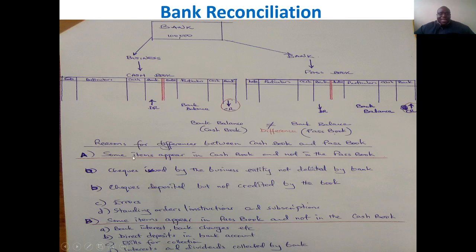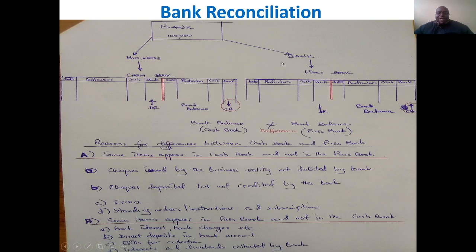If a business issues checks, it will be recorded on the CR side of the cash book. The business has issued or given out money, and it is recorded on the CR side. But the check may delay to reach the bank.